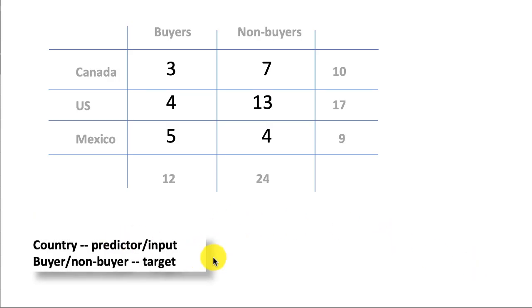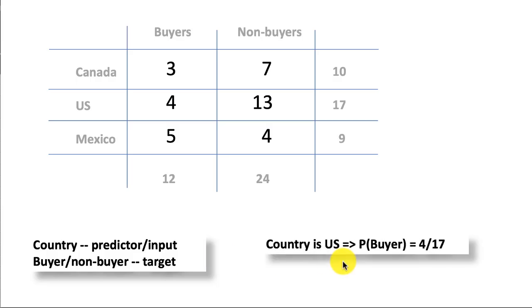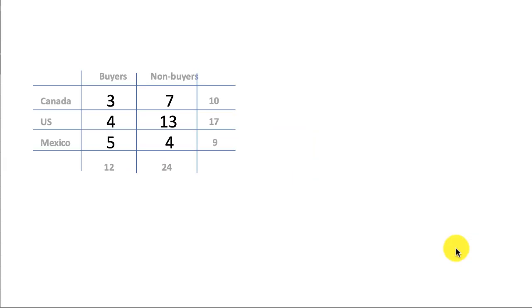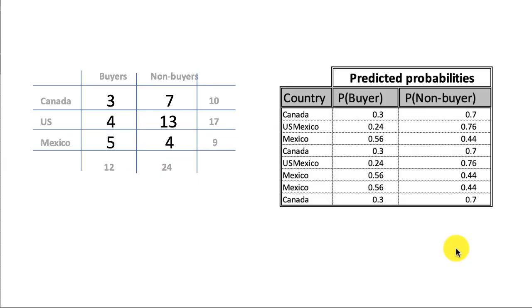Country is a predictor and buyer, non-buyer is the target. If country is given to be US, then probability of buyer is 4 by 17, non-buyer is 13 by 17. Suppose you have a bunch of people whose countries you know, Canada, Mexico, Canada, etc. Given that, you can calculate the probability of them being a buyer or a non-buyer using this table.